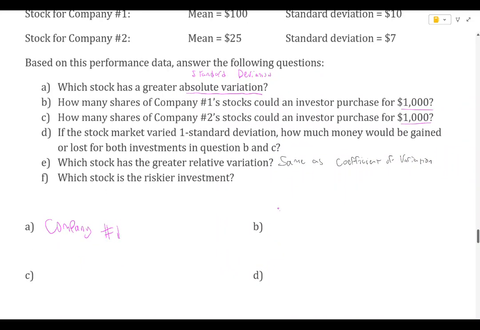So for company number one's stock, we take the $1,000, we divide it by $100, because that's how much it costs on average per share, and we see that we would get 10 shares for company number one. For company number two, we do something similar. We take the $1,000, divide it by $25, and we'll see that we can get 40 shares.